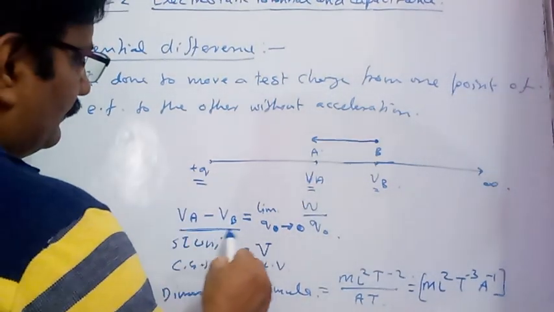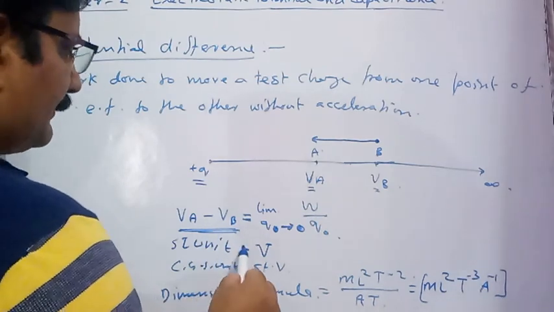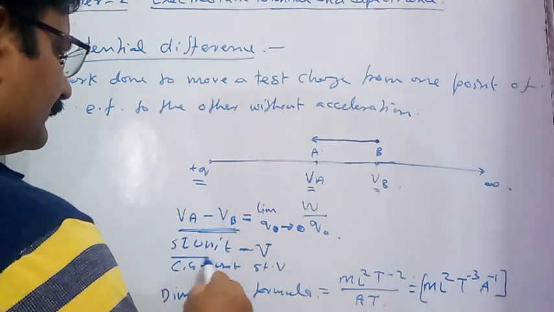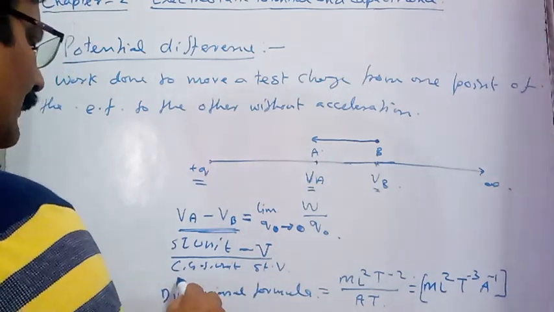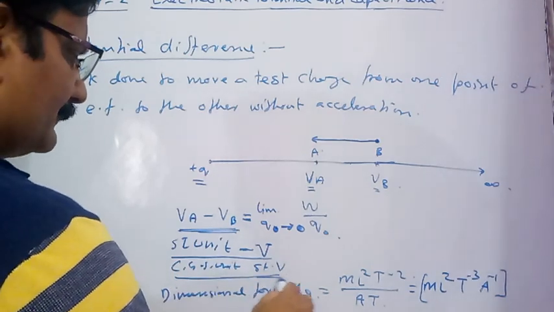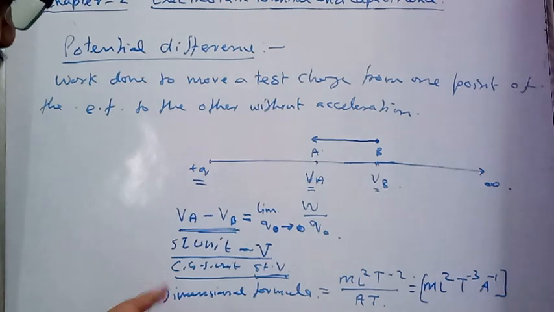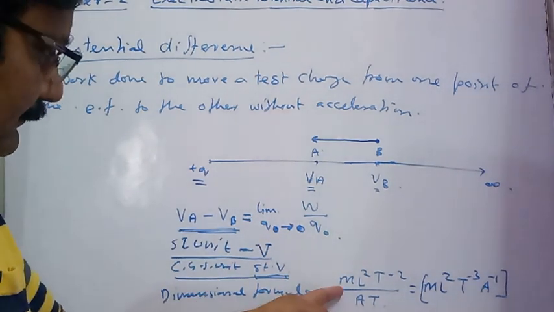So we can see what can be the SI unit of potential difference between 2 points of the electric field. SI unit of the potential difference is same as unit of the potential, and CGS unit is again stat volt. What can be dimensional formula of potential at a point of the electric field or potential difference?